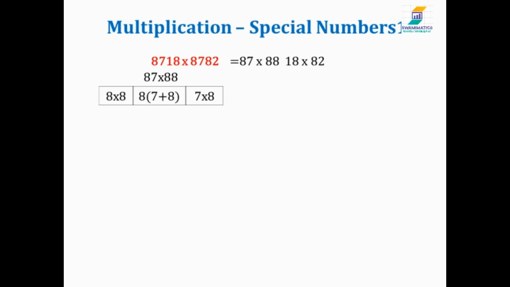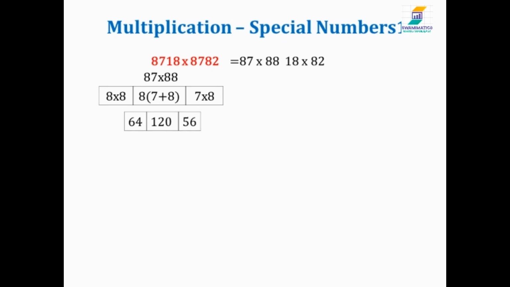Like before, we do by the general method. 8 into 8, 64, and the 10th digit is the same, so it is 8 into 7 plus 8, and 7 into 8 is the unit one, right? So 64, 120, 56.